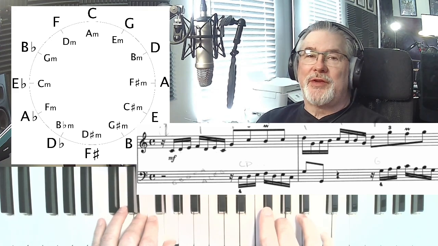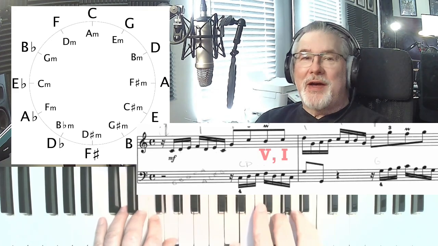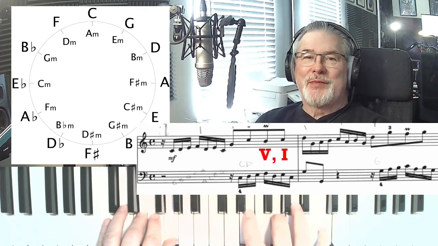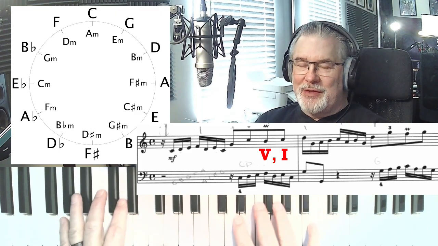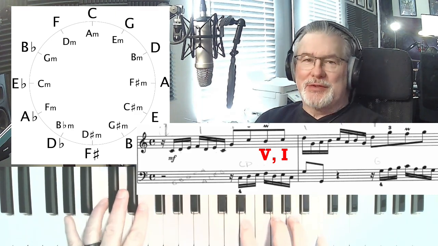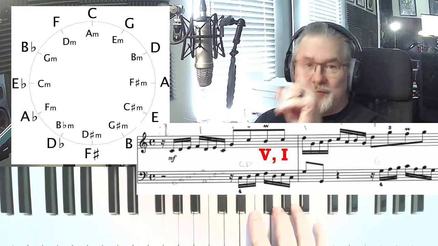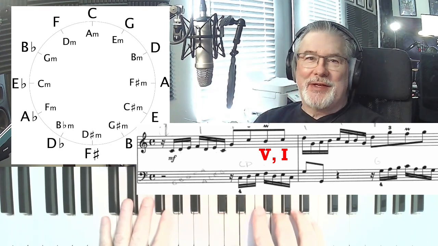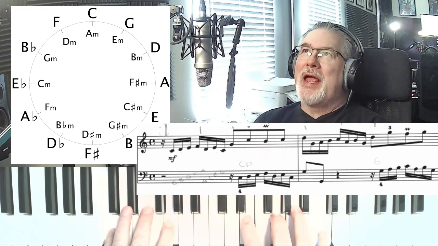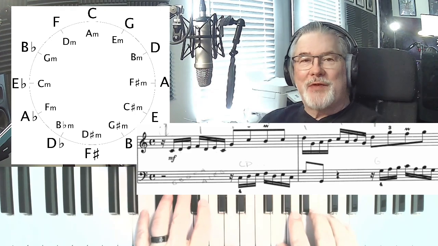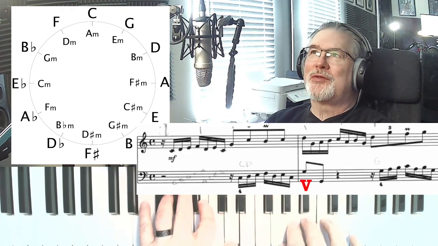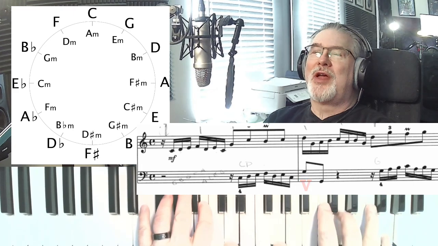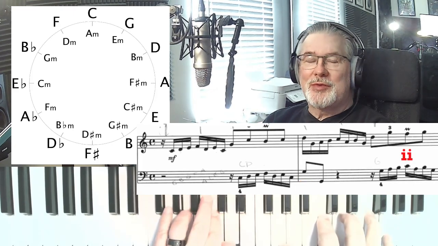And there's the move of 5-1. I taught you last lesson that the G, the 5, usually leads to 1. And there it is. In the first measure of Bach, he takes a 5 to a 1. Then he changes it and goes to the 5 in the second measure, and a 2 of 5.